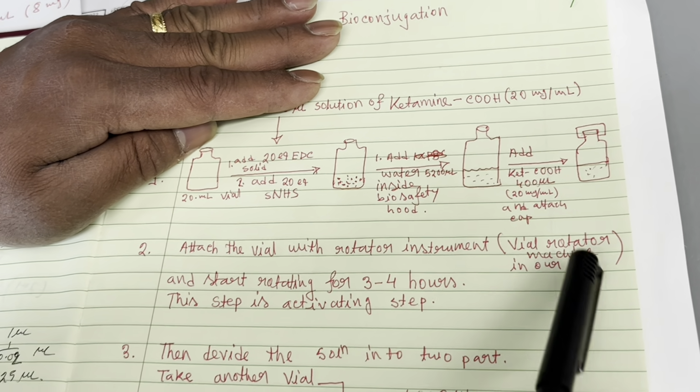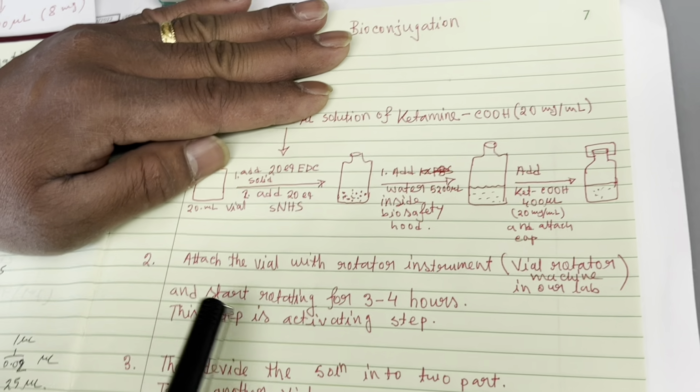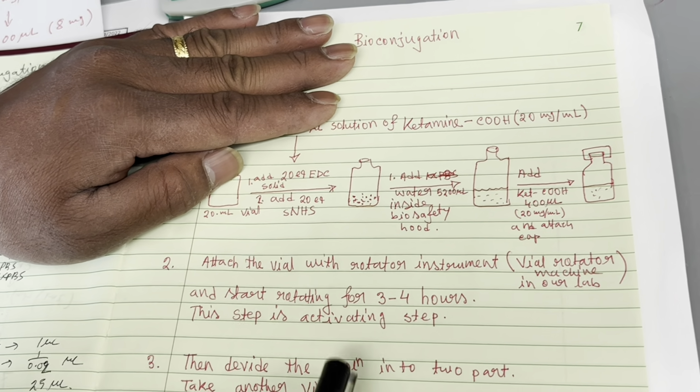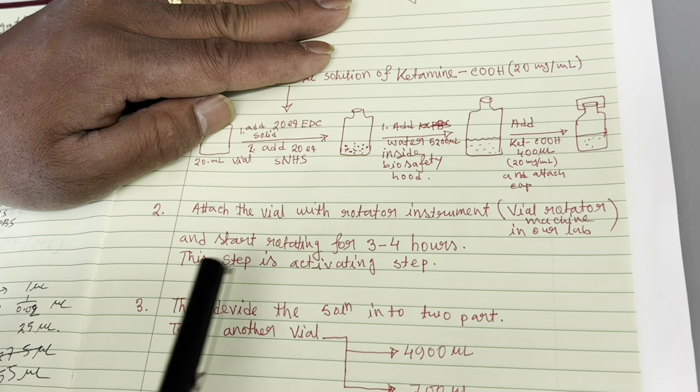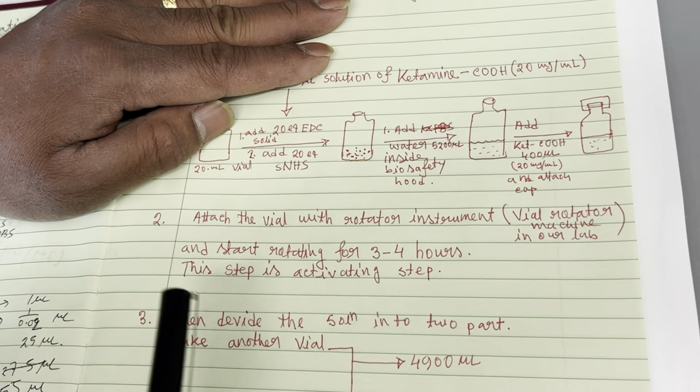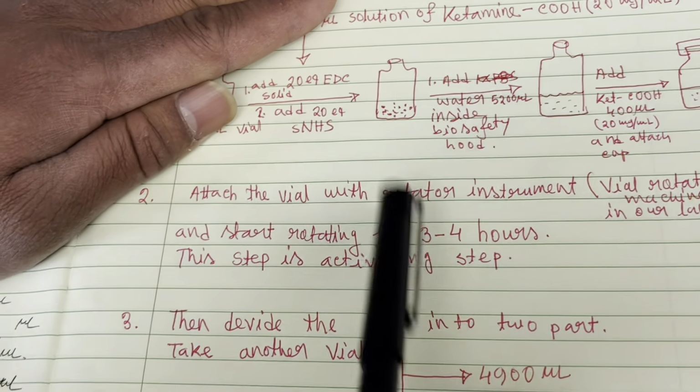Attach the rotator instrument and it starts rotating for 3 to 4 hours. Normally for this one, which we are doing, it will be 2 to 2.5 hours. Each step is activating. Wait, what did you say? Ours is 2.5 hours?